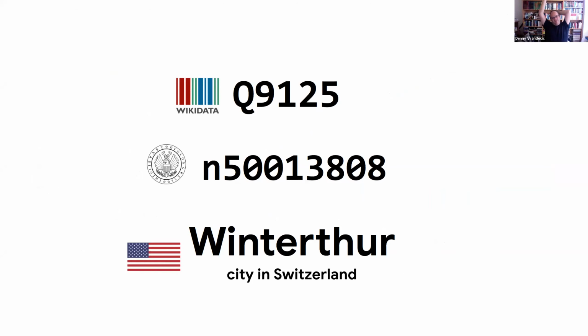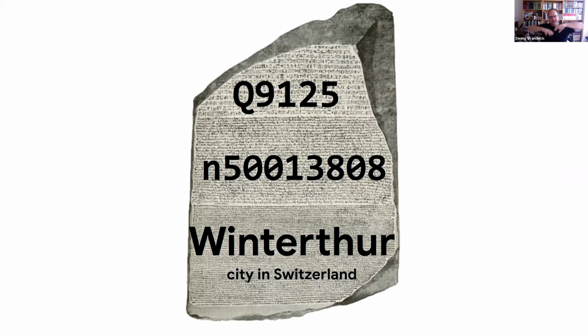And you don't only have Wikidata and the Library of Congress, but actually, if you look at this, what Wikidata provides is a kind of translation from Wikidata to the Library of Congress to natural languages. This makes it a kind of modern Rosetta Stone, where we say identifiers here mean the same thing as the identifiers there, and mean the same thing as the names and descriptions that we have here in the language.